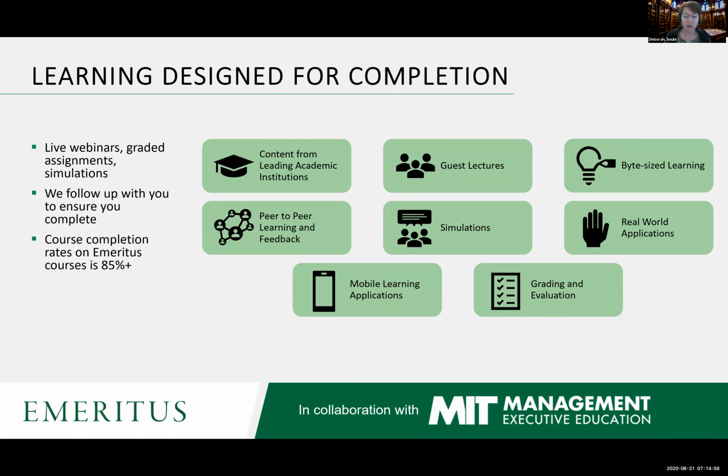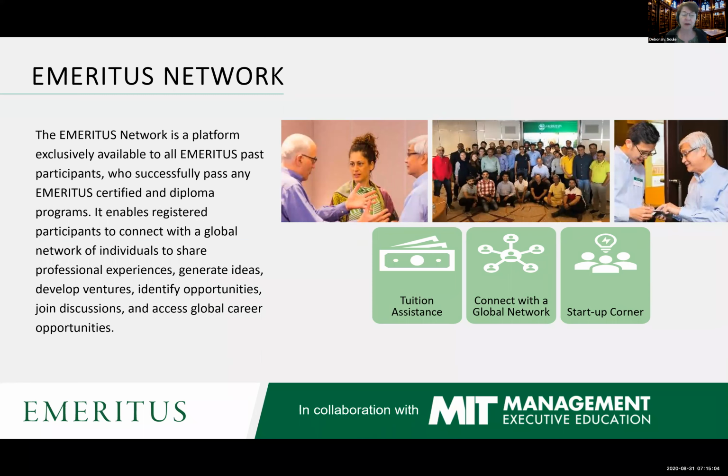Then we move on and talk a little bit about the community that you might be joining. There is an Emeritus network, which is a community of all the past participants of courses offered by Emeritus, and people who successfully complete the course and get their certificate are eligible to join this network.